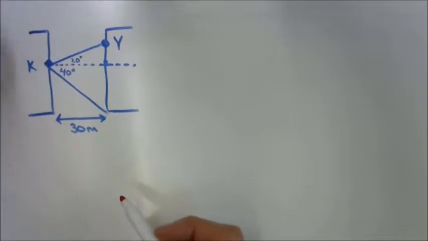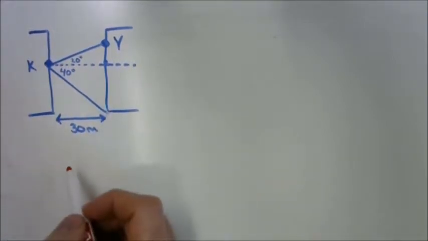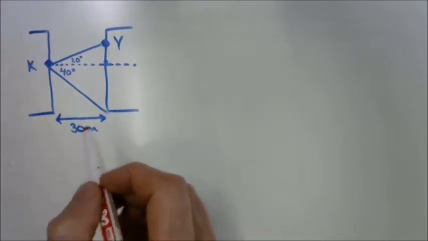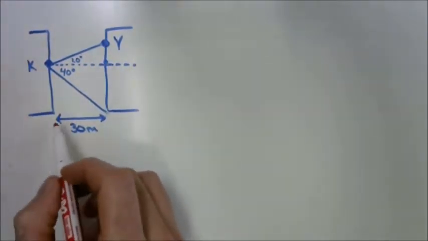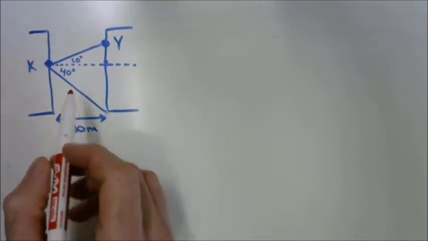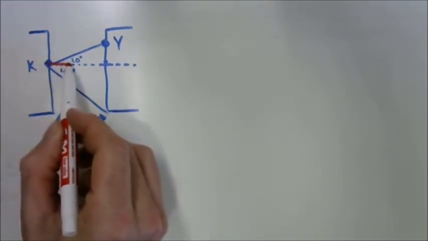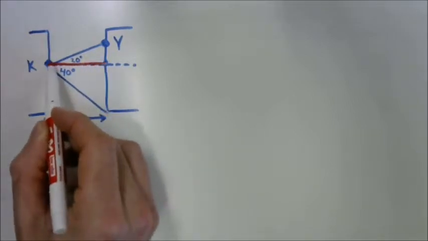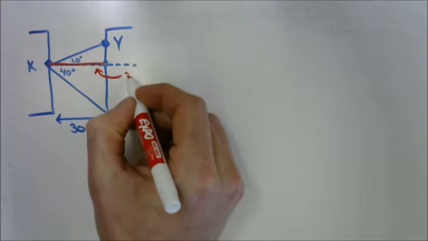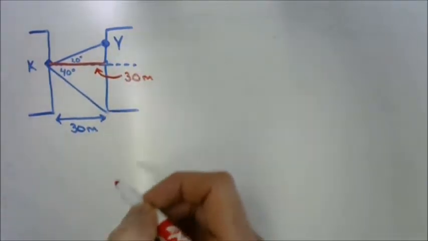So we don't have enough information as it stands, but if we know that these buildings go straight up, those are parallel lines. And if the buildings are 30 meters apart from each other at the bottom, then in the middle here, across our horizontal, they're also going to be 30 meters apart. So we have the length of this side as 30 meters.